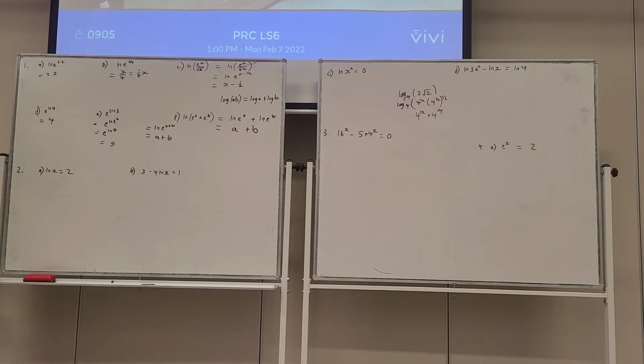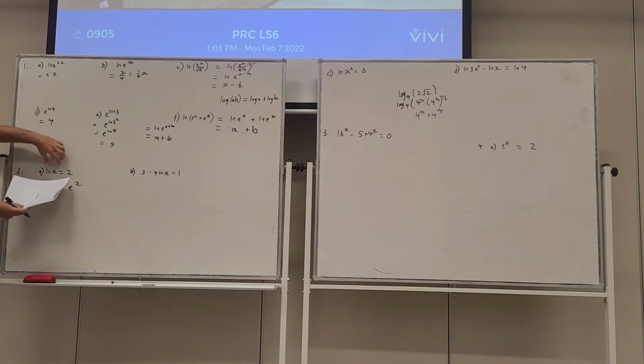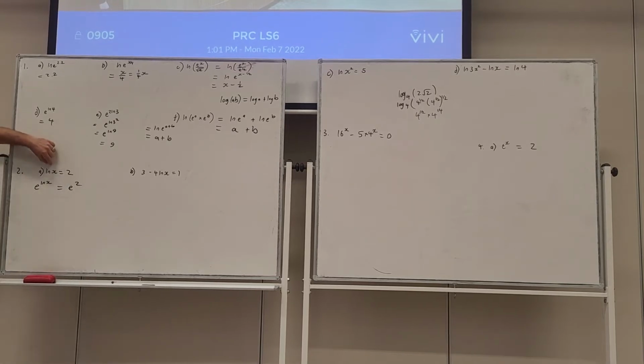So, we want to get x by itself. We're going to raise both sides, e to the power of both sides. Okay? In the first step of the equation, we have ln x equals 2. That the left side is equal to the right side. They're the same. And so if we raise e to both sides, we've still maintained that equality.